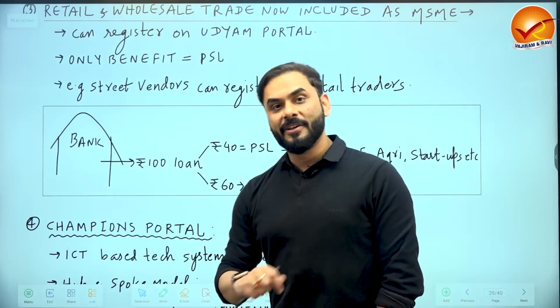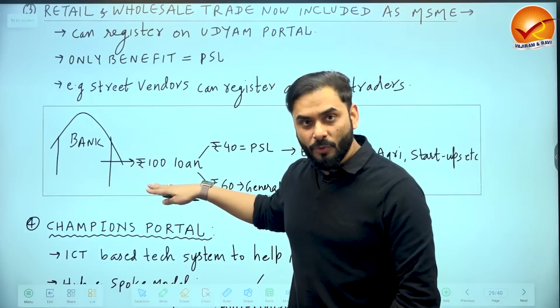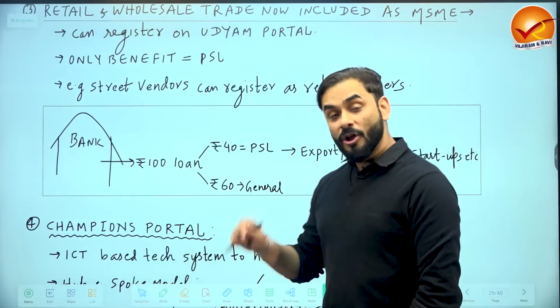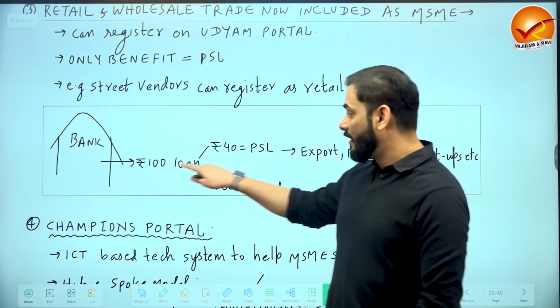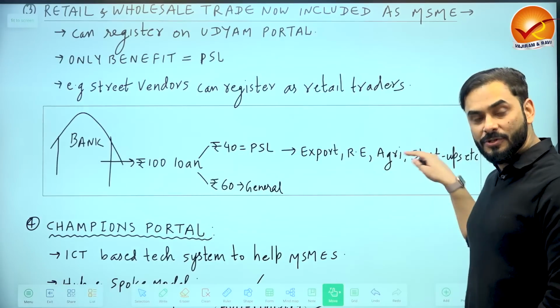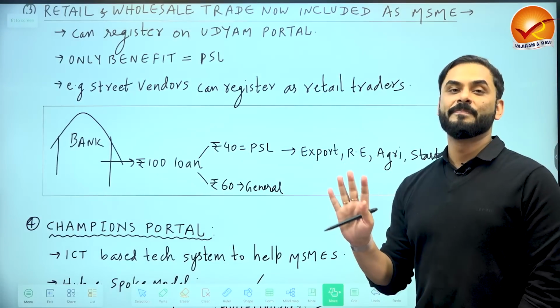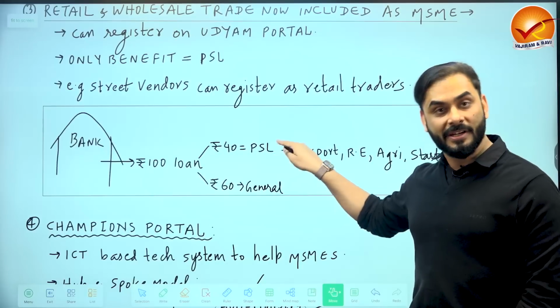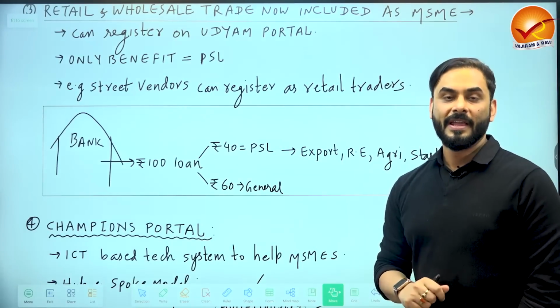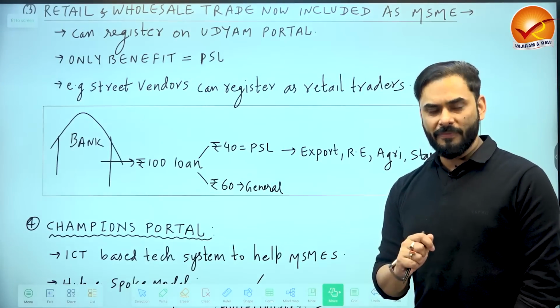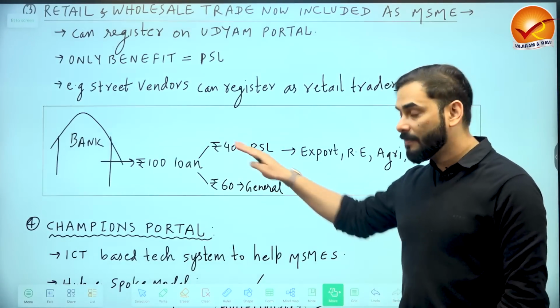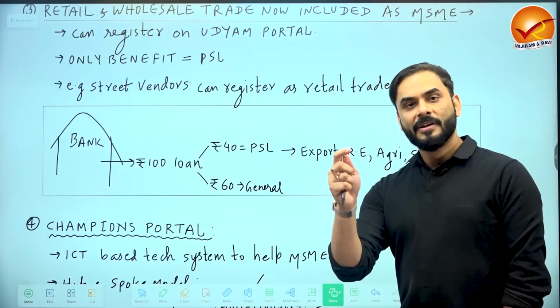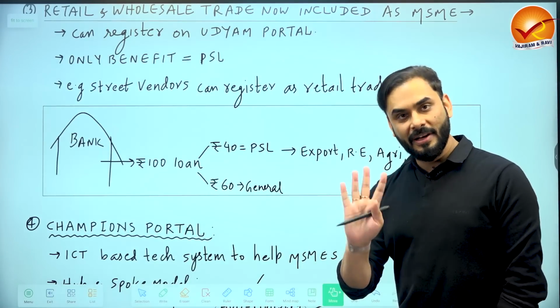So RBI has made a rule that if a bank in India is giving a loan, suppose 100 rupees, almost 40 rupees out of this 100 must go to these sectors where normally money does not come. This method of giving money to these sectors is called Priority Sector Lending, PSL. And every bank has to follow this rule. Of course, this 40% figure changes from one type of bank to another, but generally 40%, suppose.